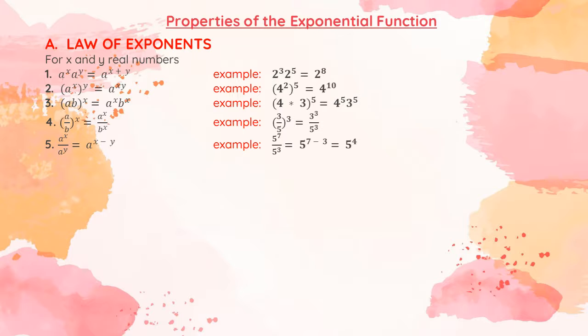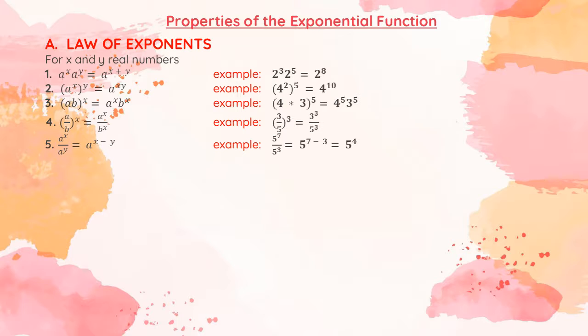So now, 2 raised to 3, 2 raised to 5 is equal to 2 raised to 8. So, pinag-add lang naman po natin yung ating exponent na 3 plus 5, kaya po naging 8. Next, number 2, open close parenthesis a raised to x, sa labas po ay y. So, equal po niyan ay a raised to x times y.